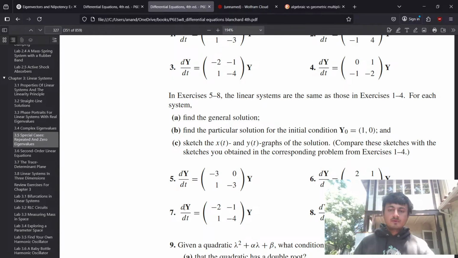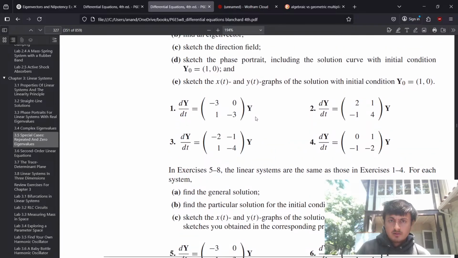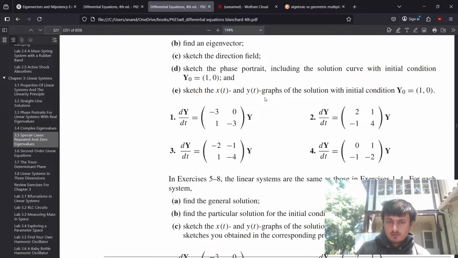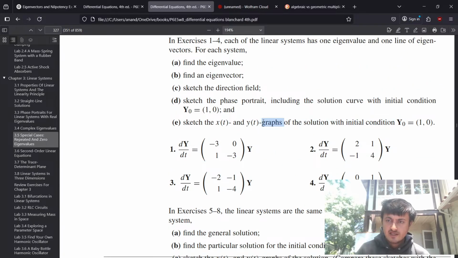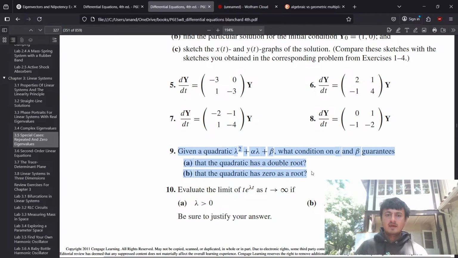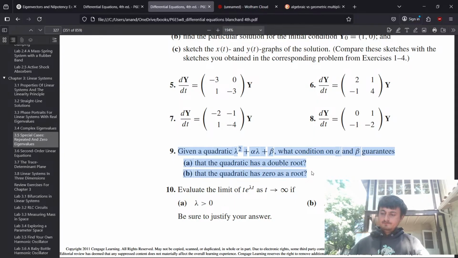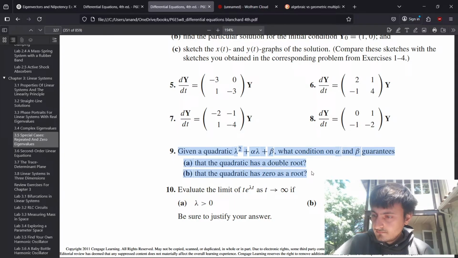Okay, so what are we doing now? We are doing the next problem. I don't really get what this one's asking, if they're asking you to do it again. But all right, so now we're doing number 9. Okay, given a quadratic, let me just write it down.